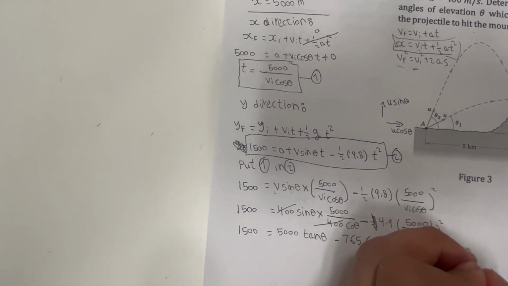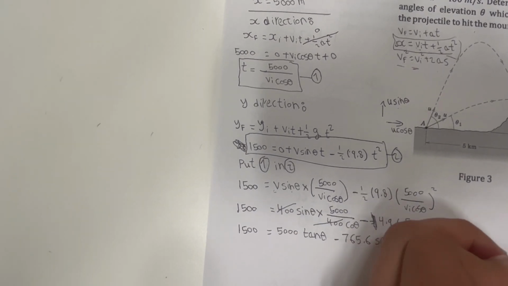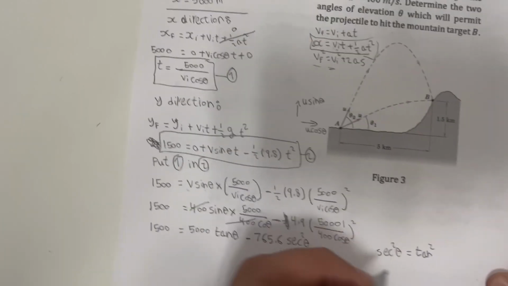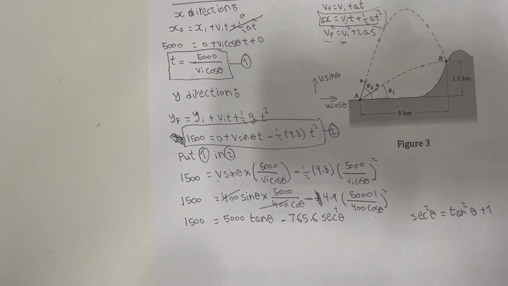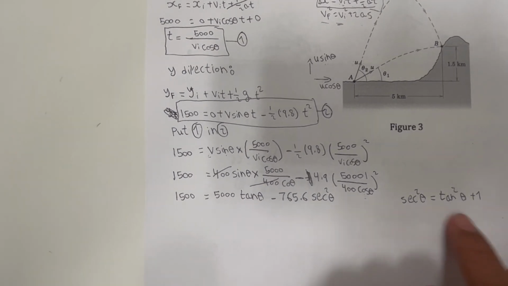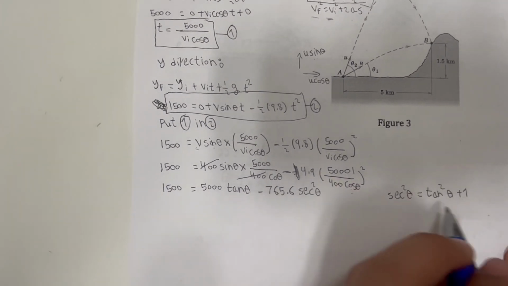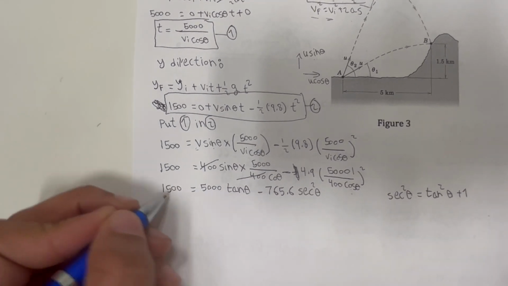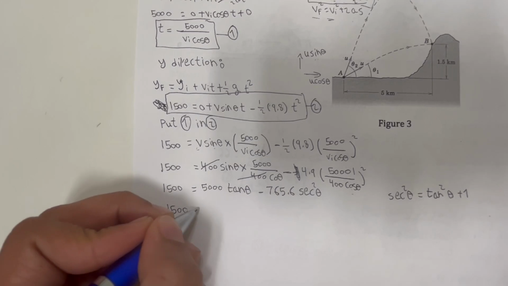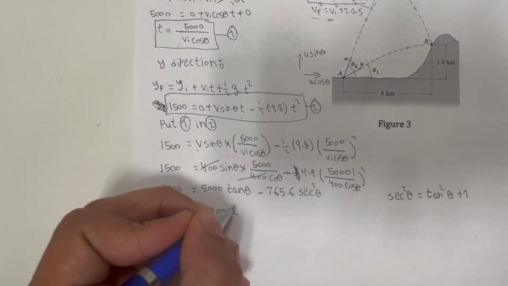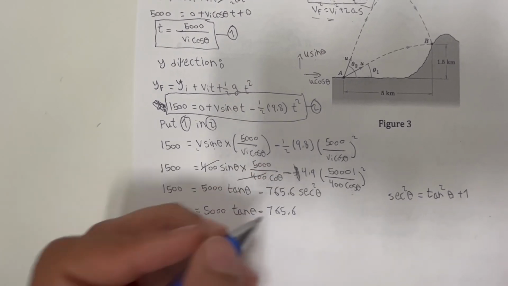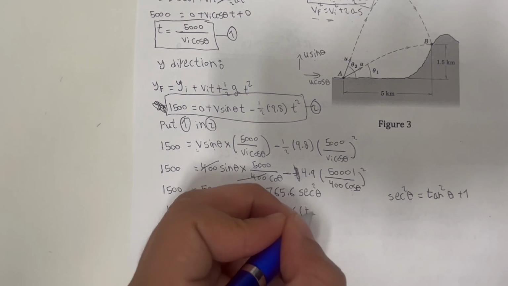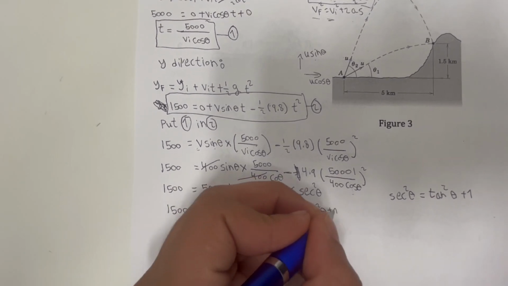Okay, and we know that sec squared theta equals tan squared theta plus 1. That's if you didn't take it before, but that's something well known, that sec squared theta equals tan squared theta plus 1. Okay, so same numbers, 1500 equals 5,000 tan theta minus 765.6 times tan squared theta plus 1.